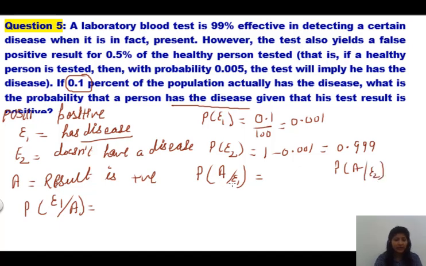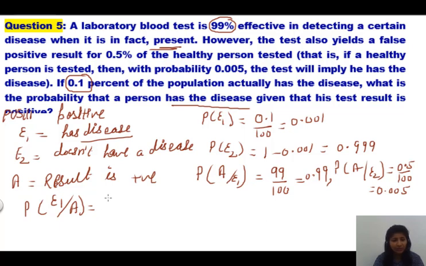A given E1 means that the person has the disease and the test result is positive. That means 99%, so 99 upon 100, 0.99. Probability of the test being positive when he doesn't have the disease is 0.5%, 0.5 upon 100, so you can write it as 0.005.